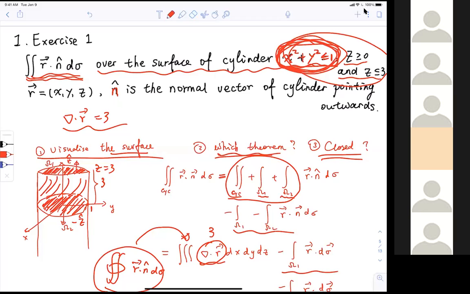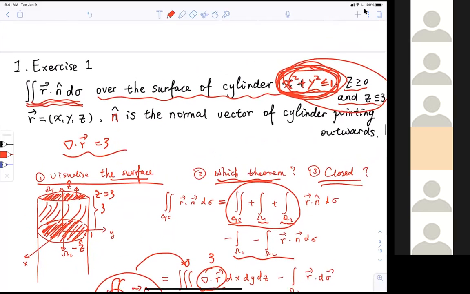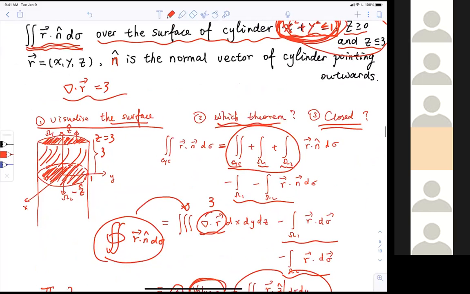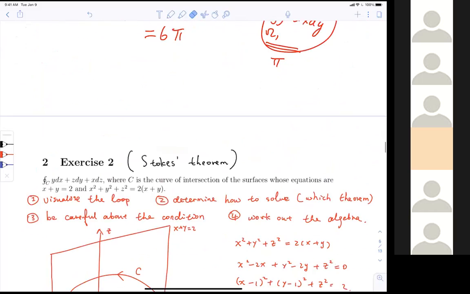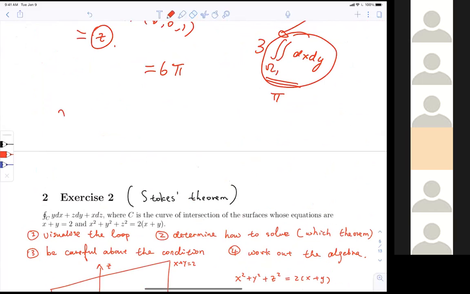If you want to say the surface is closed, you would say x squared plus y squared equals 1 within this regime, and also x squared plus y squared smaller than or equal to 1 with z equal to 0 and z equal to 3.